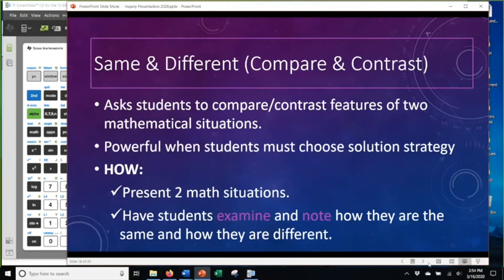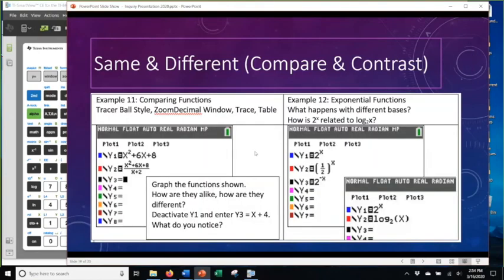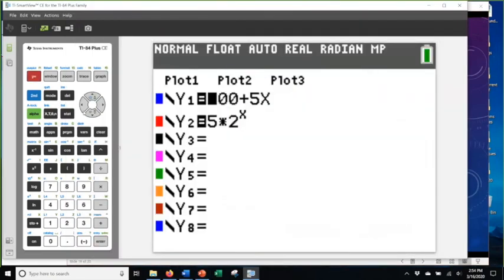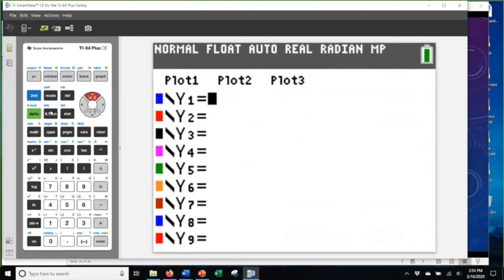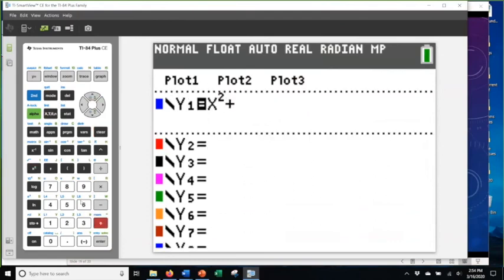And our last 2 examples for the day, one of them is another one with quadratics and rational functions, x squared plus 6x plus 8. So let's go back here. Let's clear this out. X squared plus 6x plus 8. You're all math teachers.